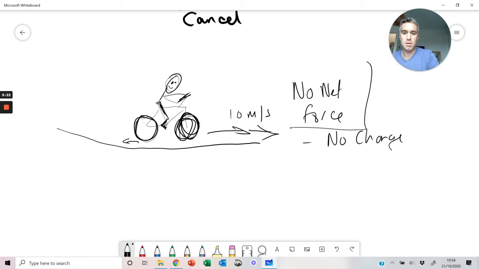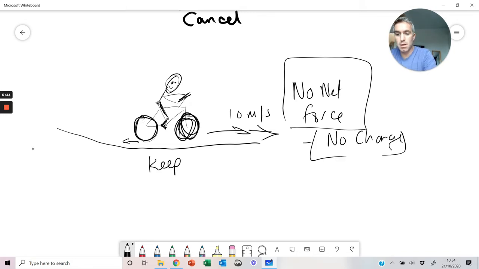and there's no net force on them, what happens? They don't need any force to keep them going. If they're already moving, they'll keep moving. If there's no net force on them, there's no change. So they will keep moving.